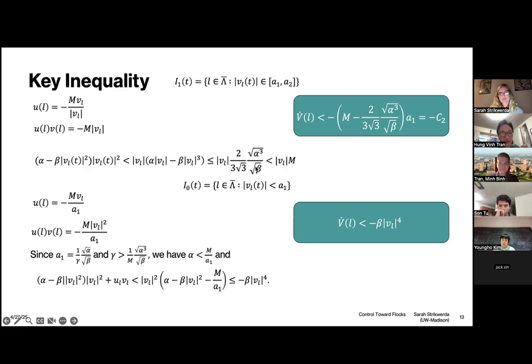And so that means this whole thing will be less than V_L squared times M. Then when we plug this in into the derivative of V dot L, we get this. And so we can see that to say that this is less than M, we need that assumption. And also here to get that, that is equal to a negative C2.